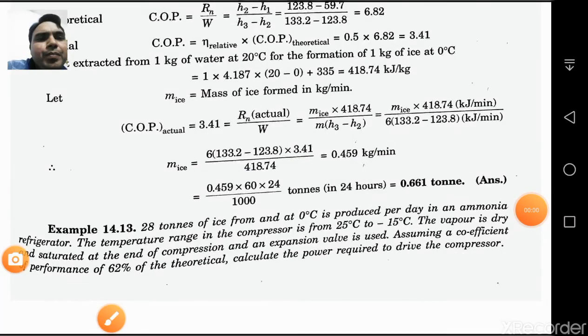Rn is the actual refrigerating effect divided by W, the work input to the compressor. So the refrigerating effect in actual basically describes how much ice is generated in kg per minute and how much heat is extracted from the water. It is a multiplication.